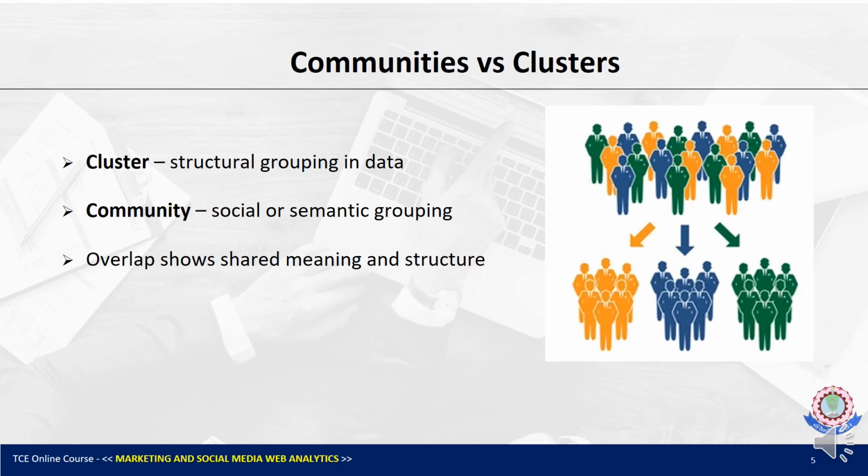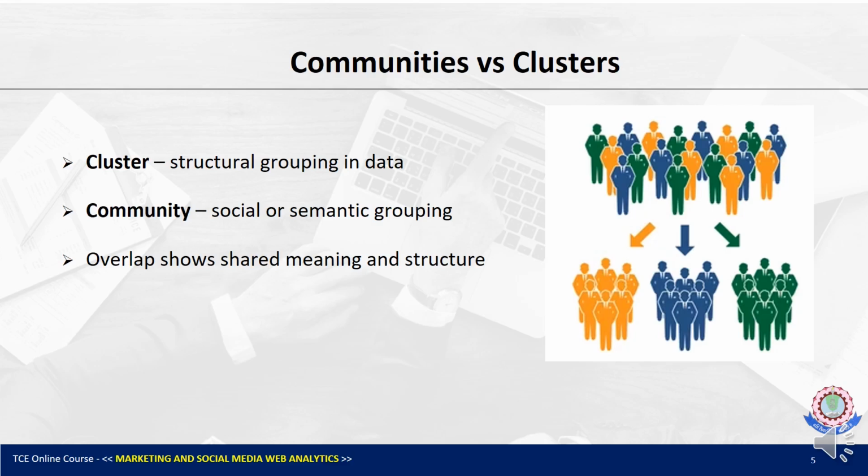Communities versus clusters. A cluster is purely structural. It refers to any group of data points that are close together mathematically. A community adds social meaning. It implies shared purpose or context.